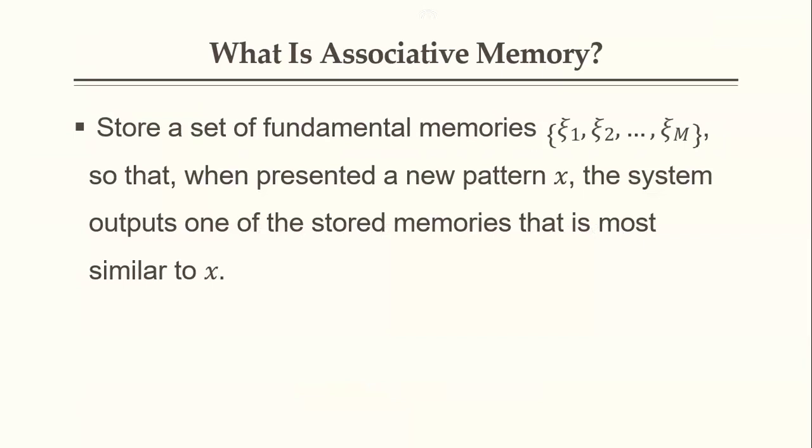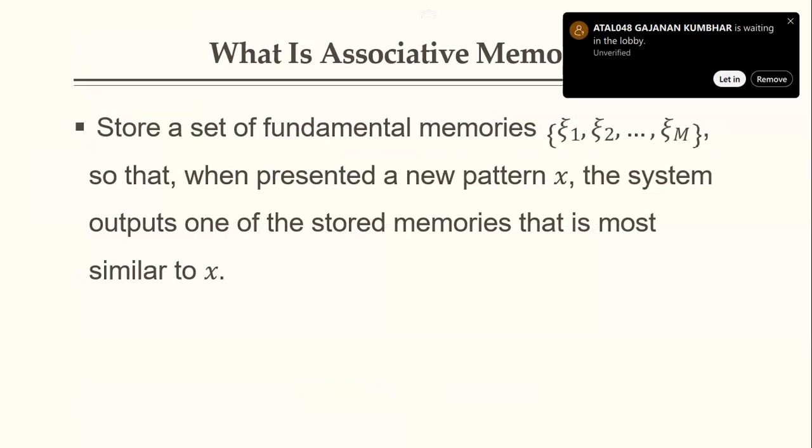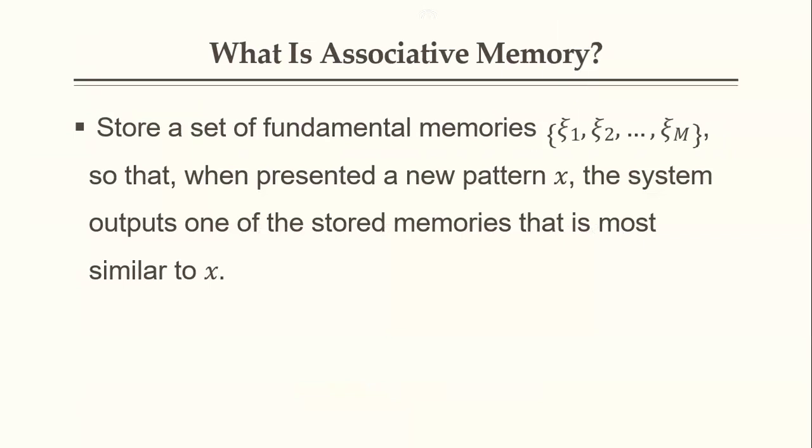Associative memory stores a set of fundamental memories like epsilon 1, epsilon 2 till epsilon m. When presented with a new pattern X, the system outputs the stored memory that is most similar to X.